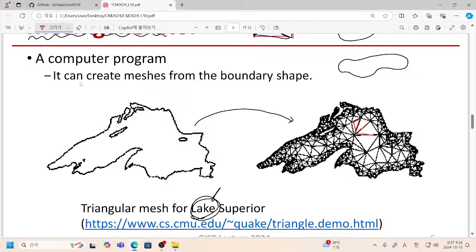You can see that there are many triangles. Then if we ask this program, how did you introduce those points? What is the rule for placing those points? Then it will say, okay, I have a rule following this algorithm, and following that algorithm, I have introduced those points.